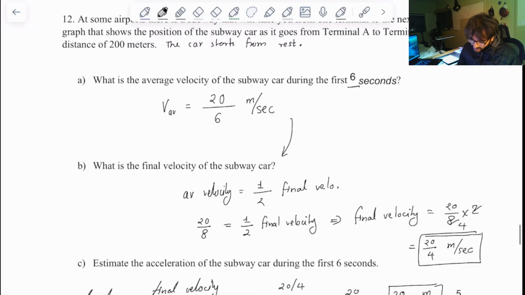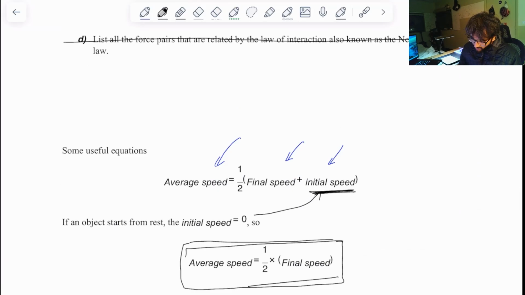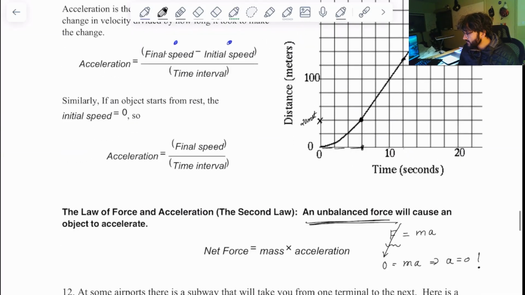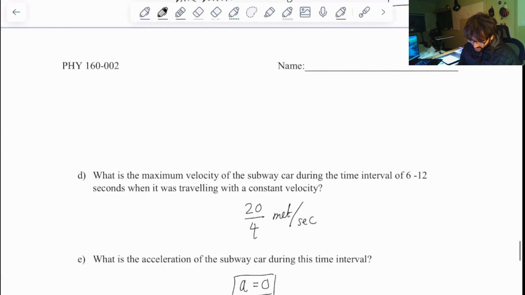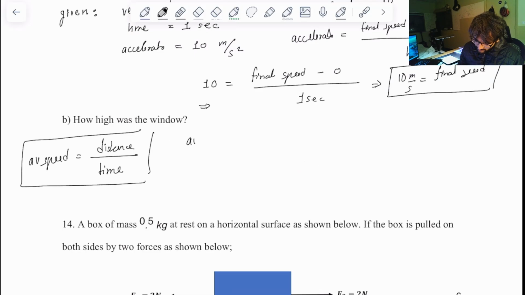Now average speed is also half of the final speed, and we have discussed why that is the case. So average speed is equal to half of the final speed, and final speed is 10. That means average speed is 5 meters per second.